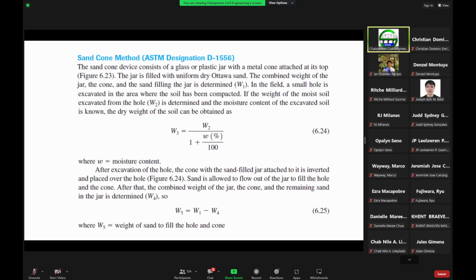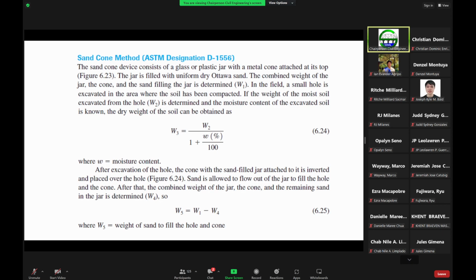Now, in that sand cone device, the combined weight of the jar plus the cone plus the sand filling the jar, let's designate that as capital W sub 1, the initial total weight.